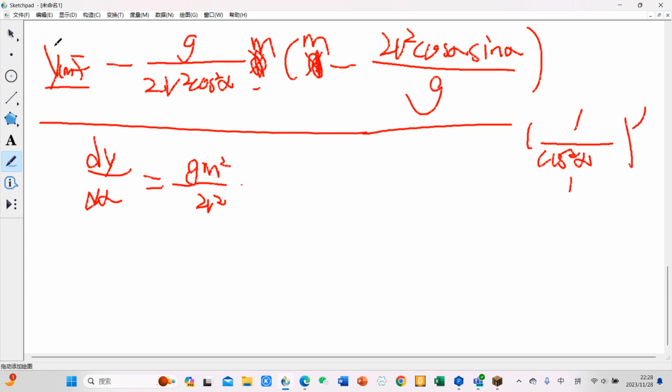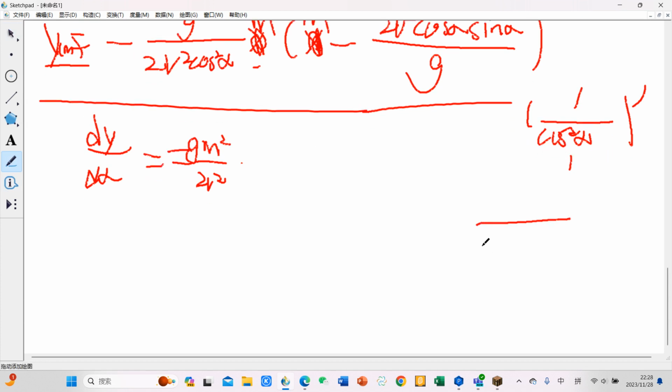So this derivative, let's see. Oh, negative. So we use the rule of 1 and minus 1 times this thing, 2 cosine alpha sine alpha, and no negative now.